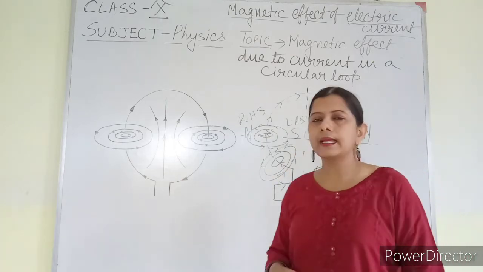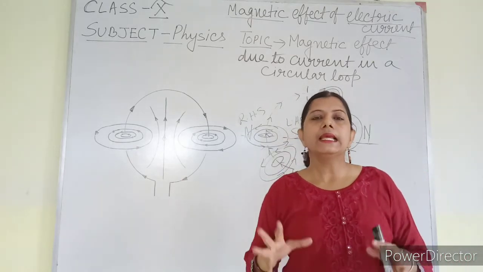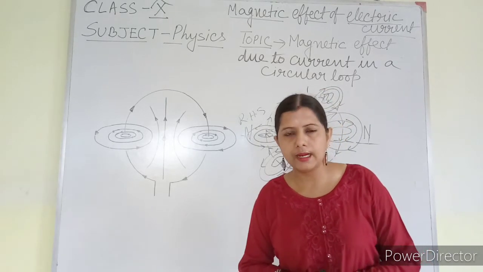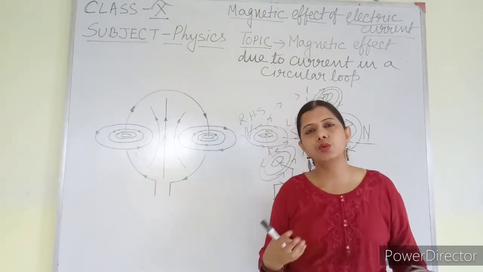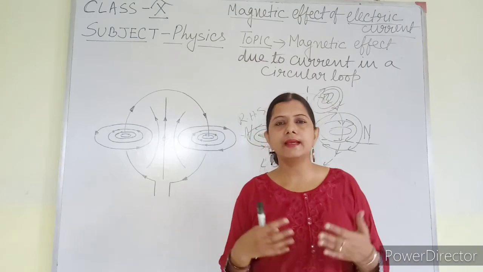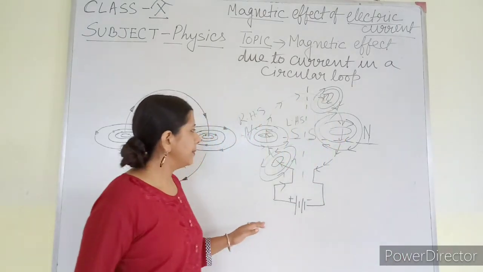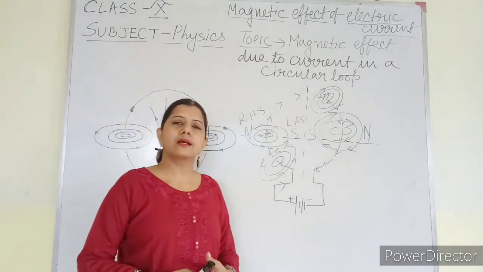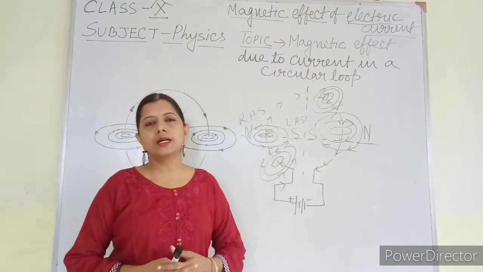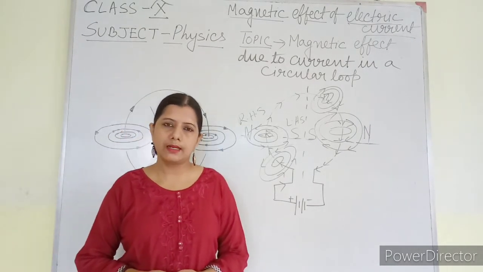So from here I can conclude that if a circular loop carries current through it, then it behaves like a magnet. First of all, a circular current carrying coil behaves like a magnet.